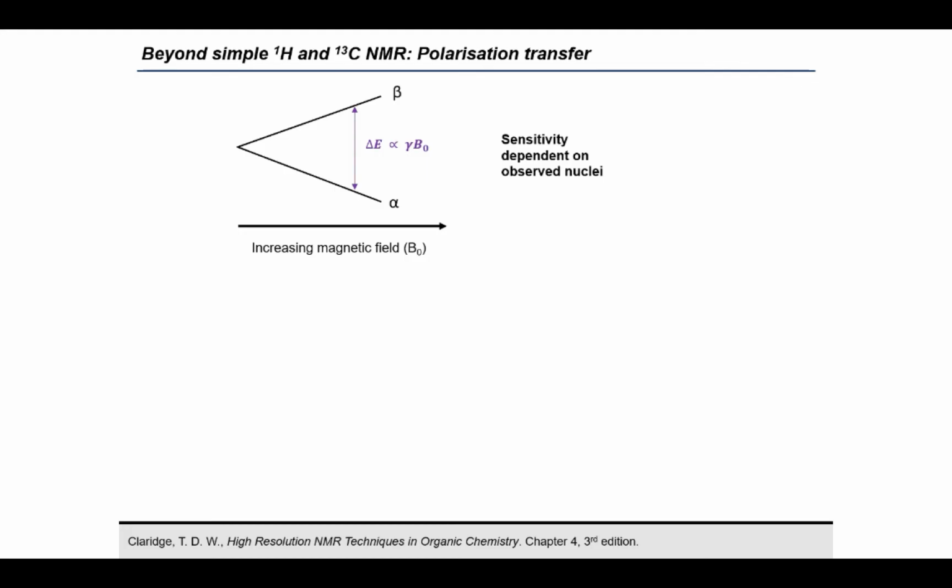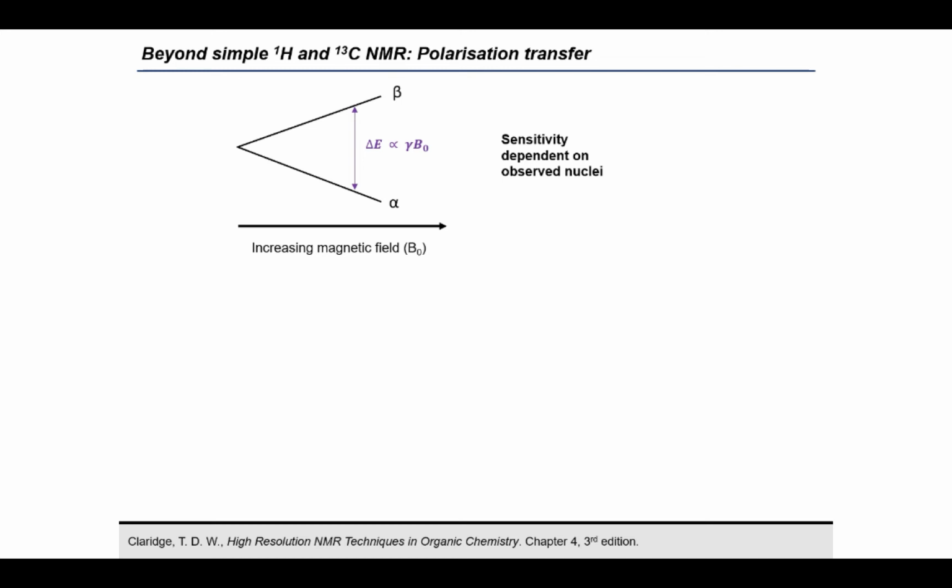The next technique I'm going to talk about is still a 1D NMR technique, and it's something that we call polarization transfer. So if you recall from our earlier discussion, the sensitivity of your NMR is dependent on the gyromagnetic ratio of your observed nucleus. So some nuclei are just inherently going to be more sensitive than others.